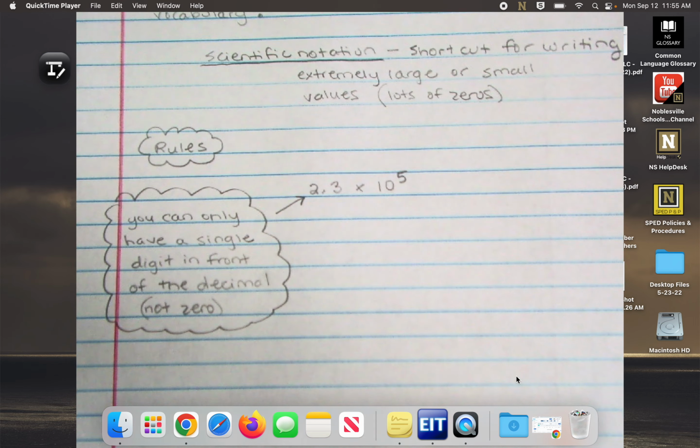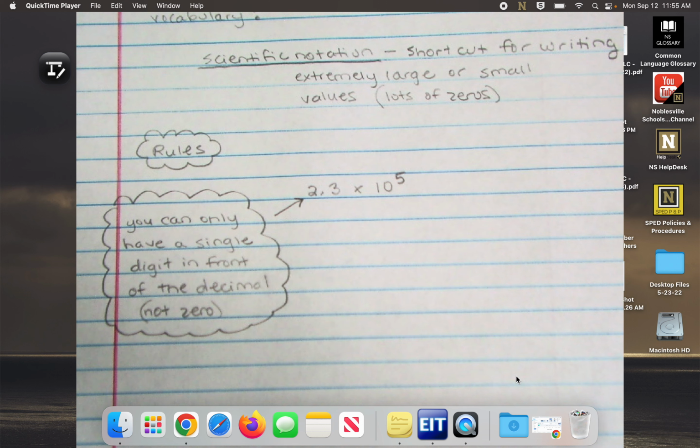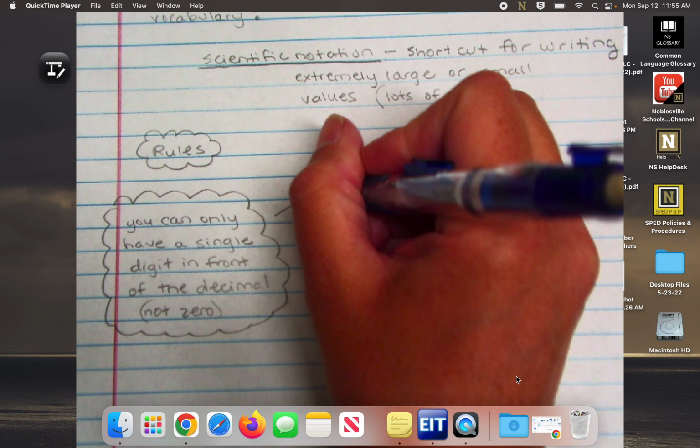Just one digit in front of the decimal, and that digit cannot be a 0. It has to be a number 1 through 9.